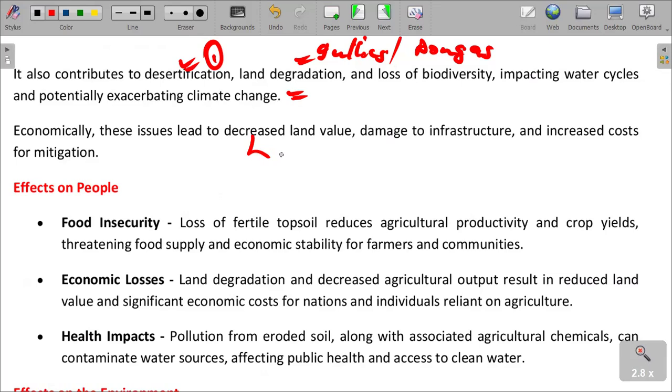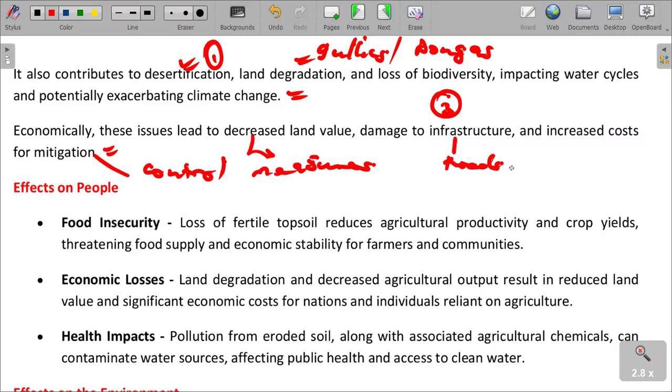The economic effects: we talk about the loss in land value. When land has been eroded, the economic value of land is diminished, and then there is infrastructure damage and increased cost for mitigation. We are talking about the cost of control measures. Let's look at the recent floods in KZN, which are still affecting our infrastructure now.